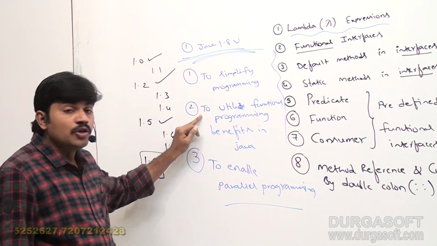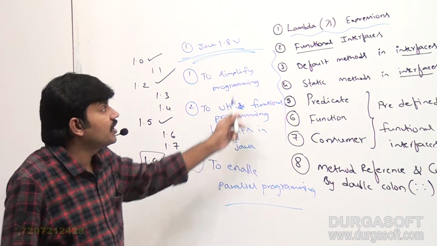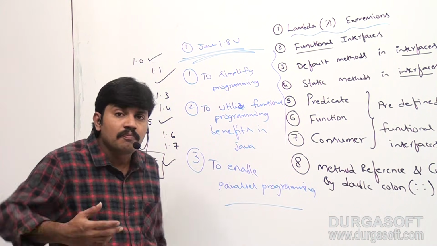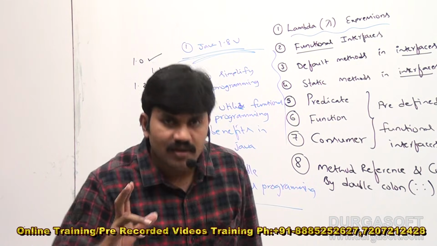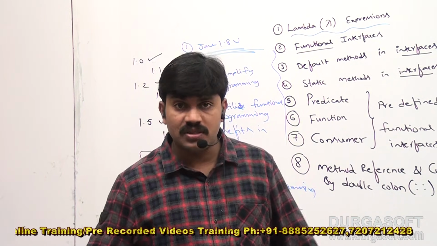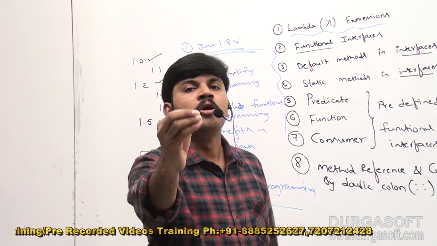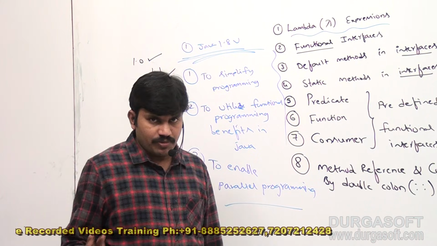Next, to utilize functional programming benefits in Java by using Lambda expressions and so on. Next, to enable parallel processing so that my Java program can run on multi-core processors. Overall performance by default is going to be improved. These are the main important priorities of the Java 1.8 version.